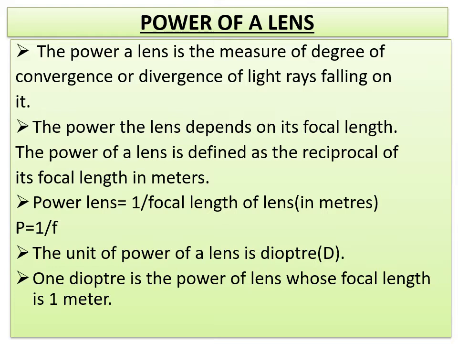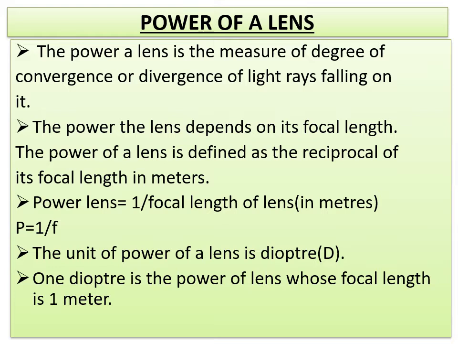You have to remember that the power of a lens is inversely proportional to its focal length. Therefore, a lens of short focal length will have more power, whereas a lens of long focal length has less power. From the formula P is equal to 1 by F, you have to remember these points. For example, a lens of 5 cm focal length will have more power than a lens of 20 cm focal length.